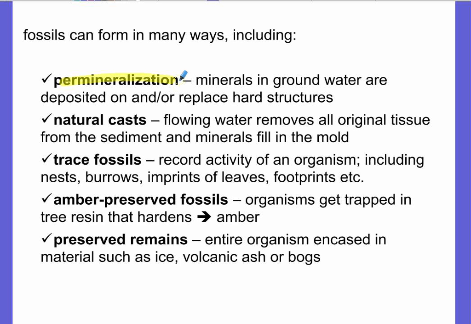The last kind of fossil is that preserved remains. That one's kind of unique in the sense that usually those things wouldn't be really, really old, but you might be able to find, say, a mammoth that's been encased in ice and there's still tissue left behind. In fact, it might look like it just died a week ago. Right?